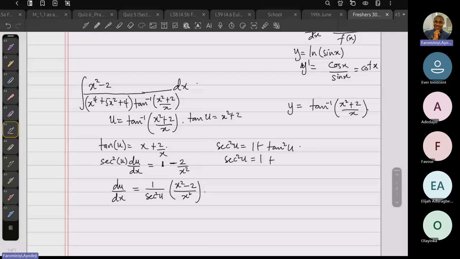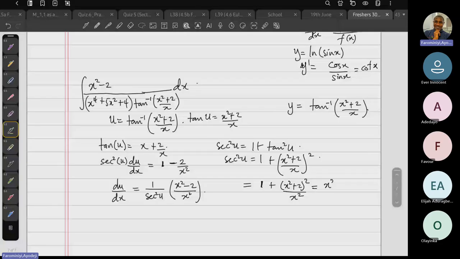Interesting. Okay, I wanted to ask something, but I've realized where the square is coming from. Okay. Then we have this to be 1 plus (x squared plus 2) squared over x squared, which is equal to (x squared plus 2) squared over x squared. So if this is sec squared u, then we know what 1 over sec squared u is.